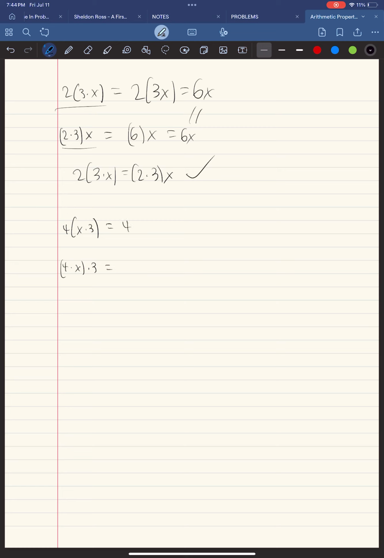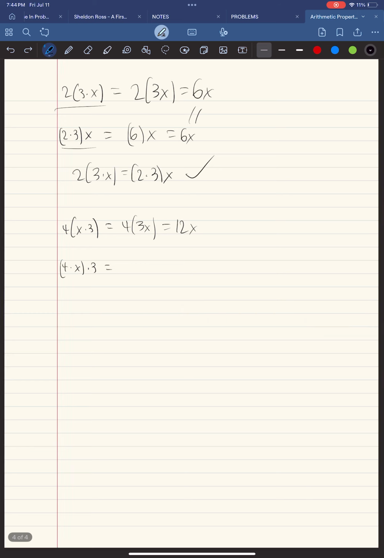So we don't touch the 4, and we do x times 3, which we can reorder as 3 times x, and then that is equal to 12x, because we multiply the 4 by the 3, and then the x just kind of tags along for the adventure. And yeah, we got 12x.